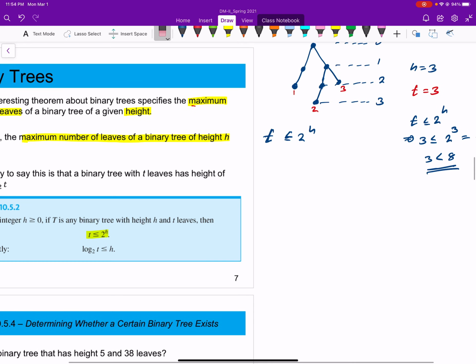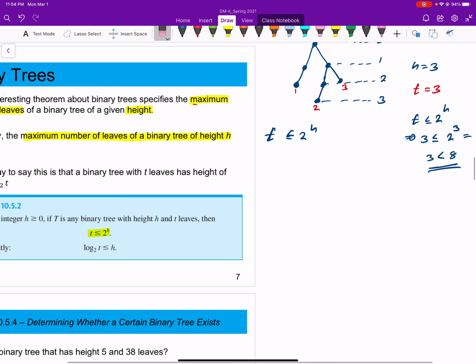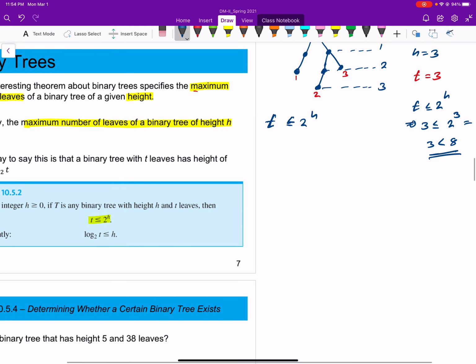Now I'm going to take logarithms of both sides of this inequality. Take the logarithm of the left side, then it will be log to the base 2 of t, and this is log to the base 2 of 2 to the power h. You can take the power in front, as you learned in calculus 1.